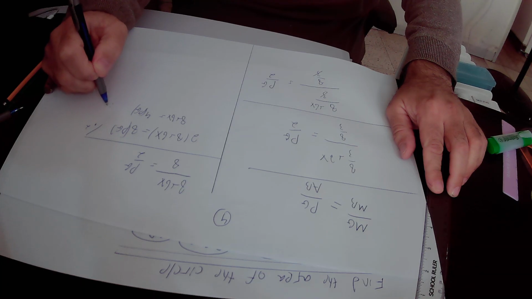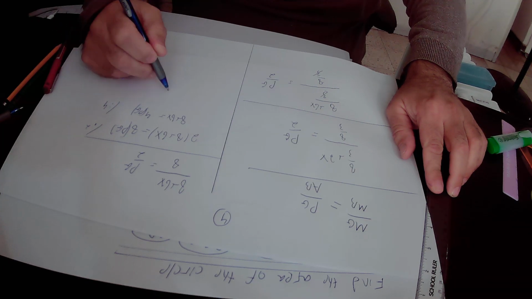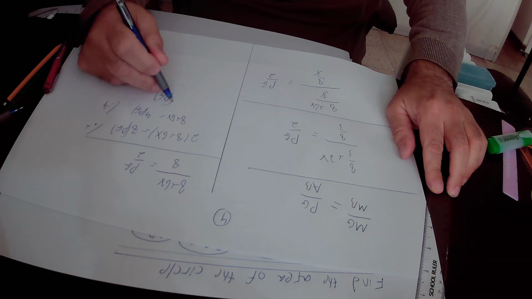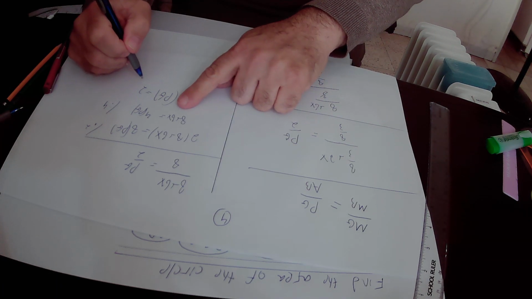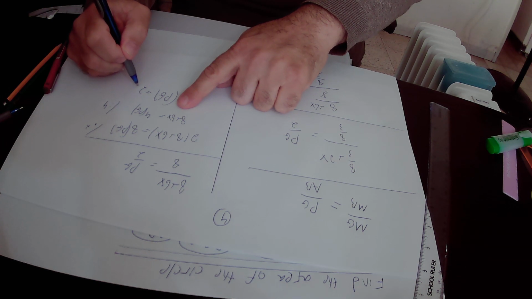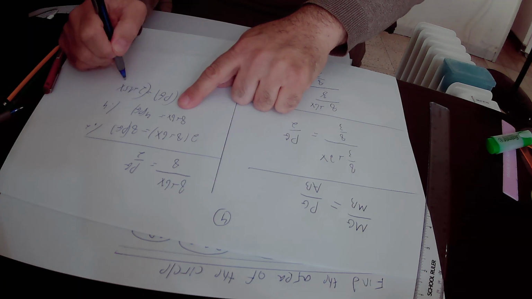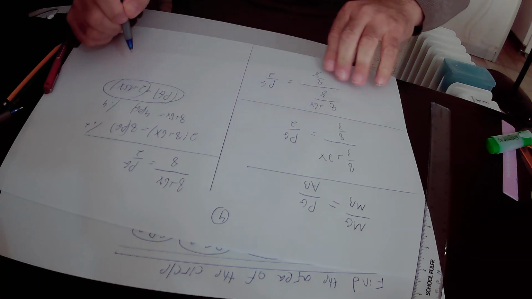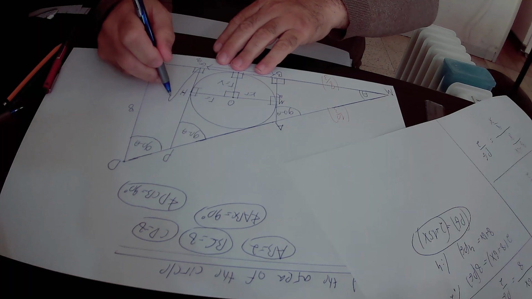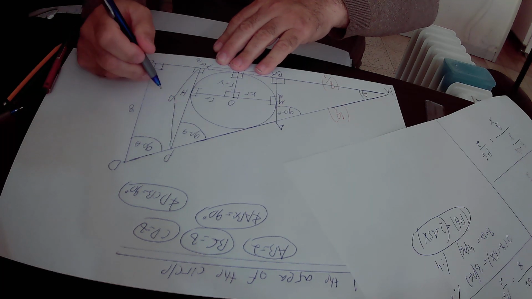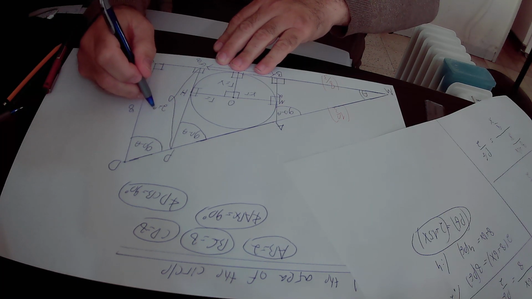Here we'll divide this equation by 4, and finally we get that PG equals 8 over 4 is 2, 6 over 4 is 1.5. So it is 2 plus 1.5x. We actually found that line segment PG is equal to 2 plus 1.5x.